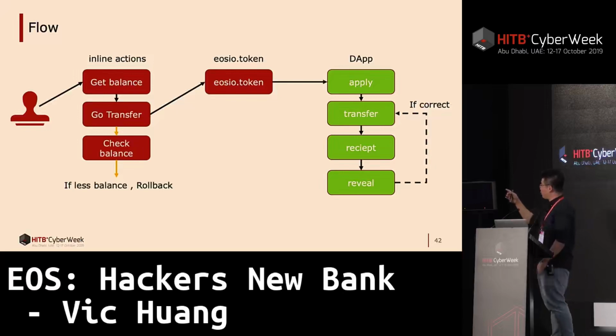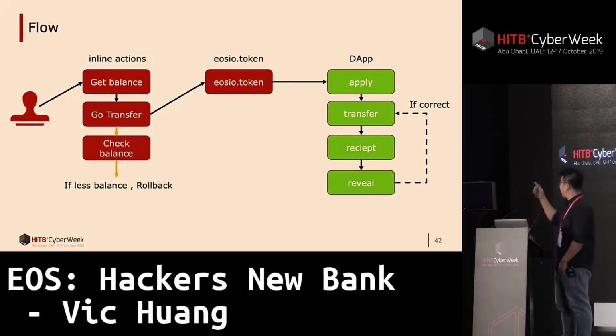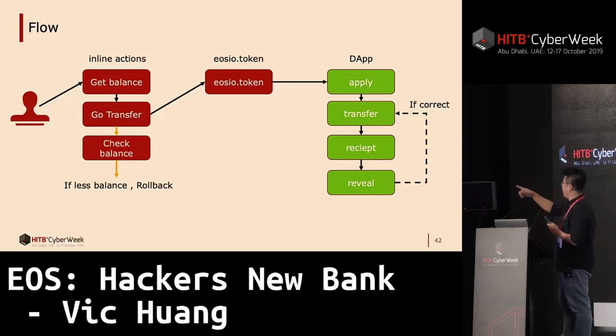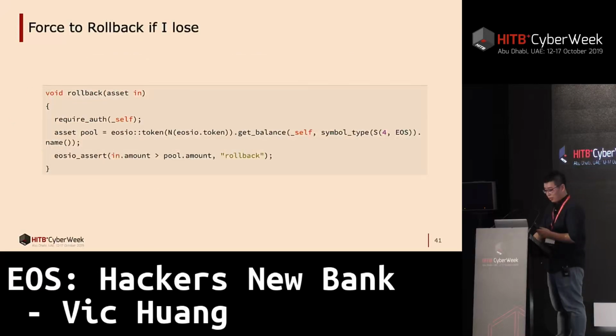So it will reveal the results. If you guess correctly, like when gambling you guess the correct dice points, you will get the reward. So if the attacker is right, it will call the transfer and give the reward to the hacker's account. But here's the thing: we mentioned the attack to force a rollback.